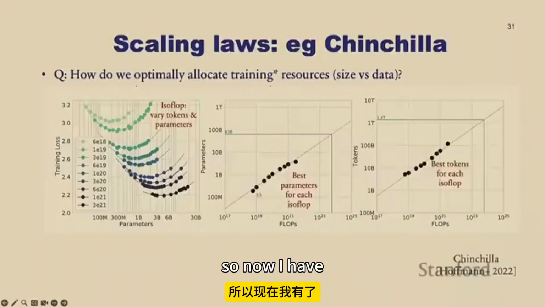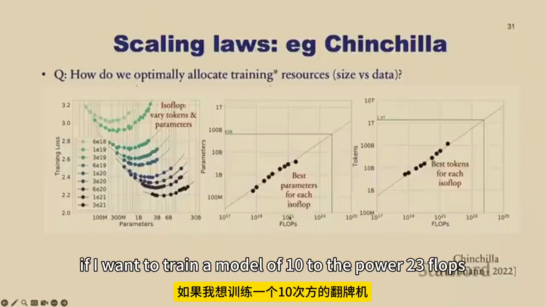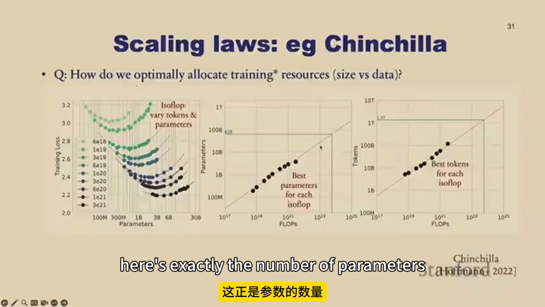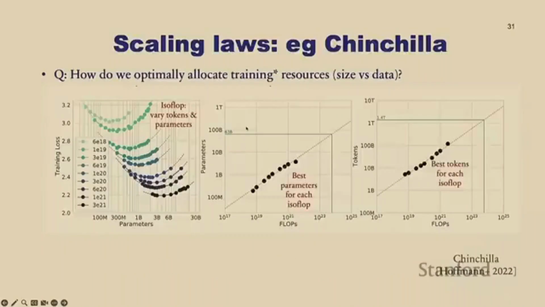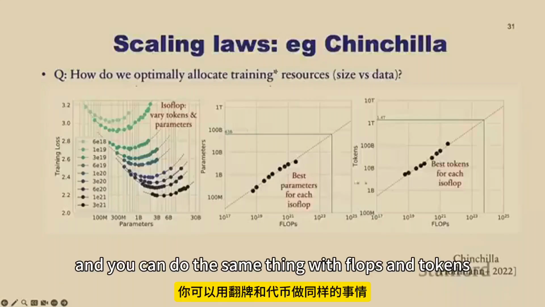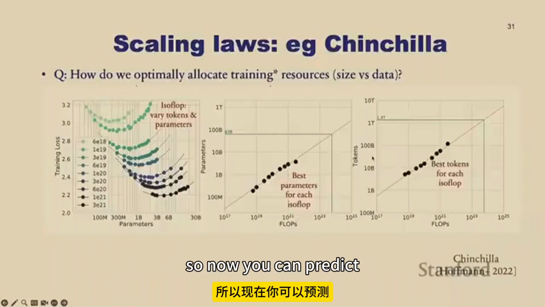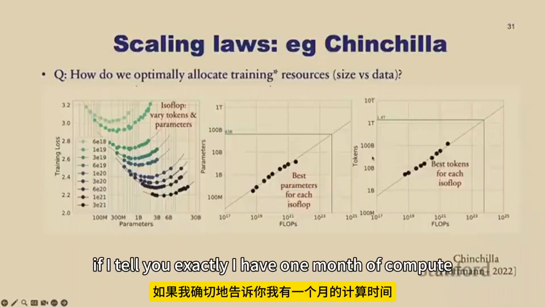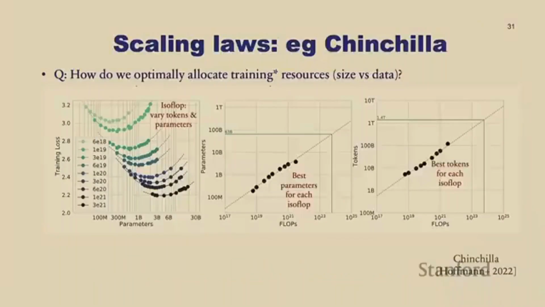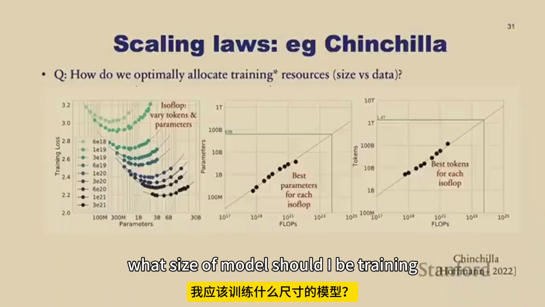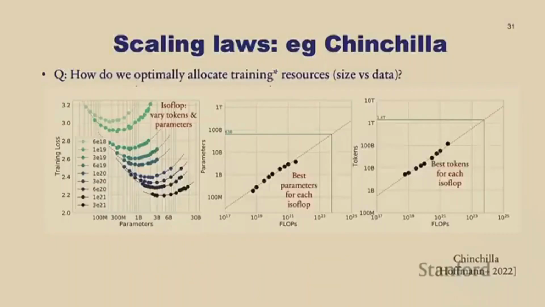So now I have something that tells me if I want to train a model with 10 to the power 23 flops, here's exactly the number of parameters I should be using: 100B. And you can do the same thing with flops and tokens. So now you can predict, if I tell you I have one month of compute, what size of model should I be training? Fit your scaling law, and I tell you.